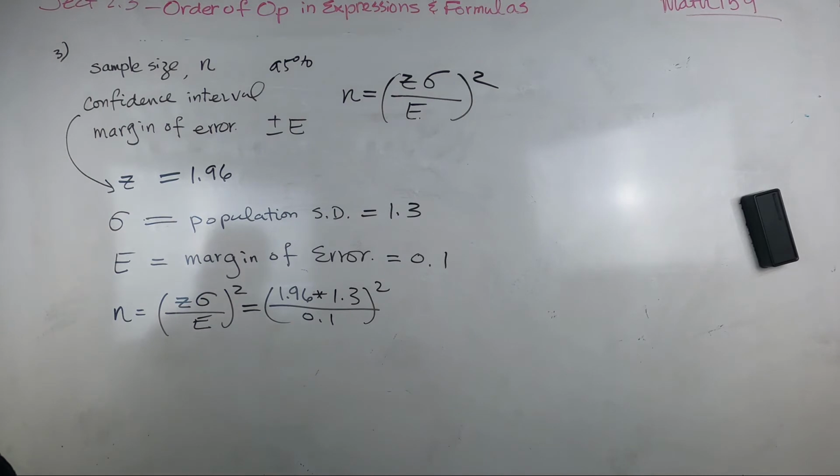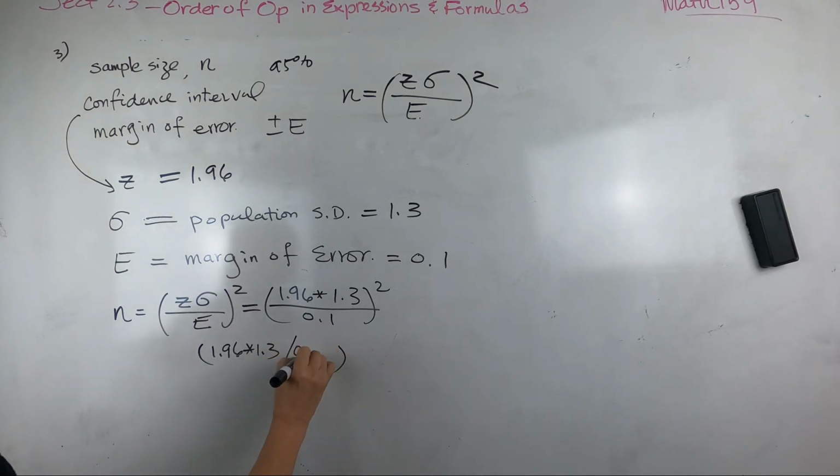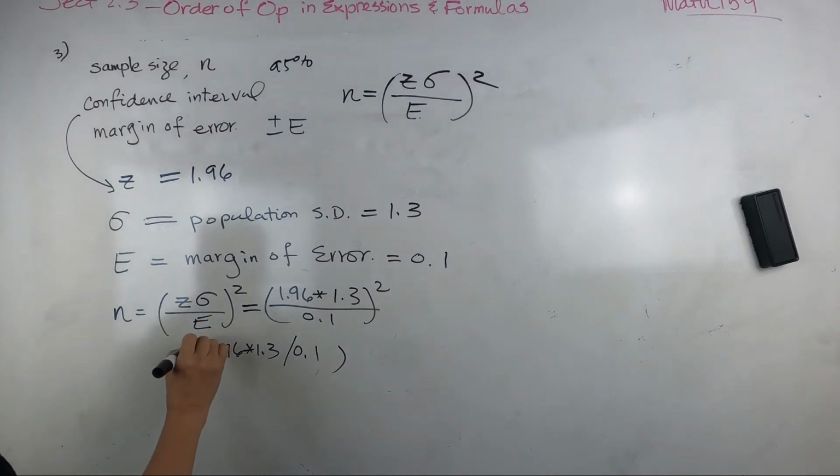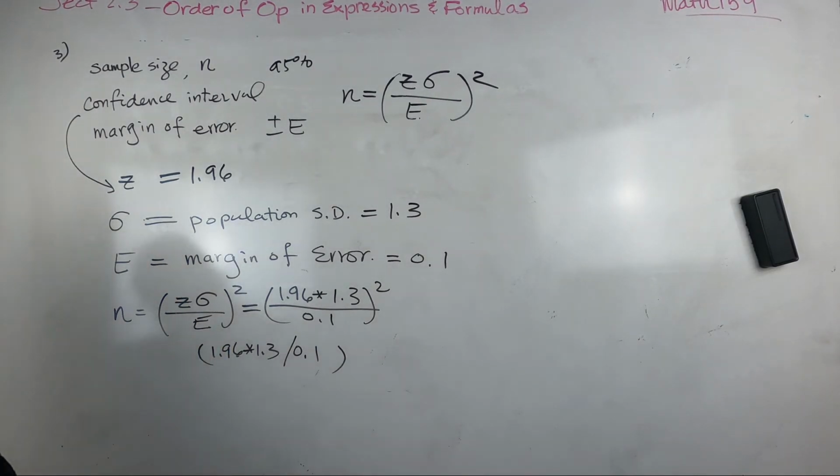When you enter it into the calculator, you need to do the parentheses first. So you do the parentheses, then you do what? 1.96 times 1.3, then you divide it by 0.1. You can use a group here as well, that's fine.